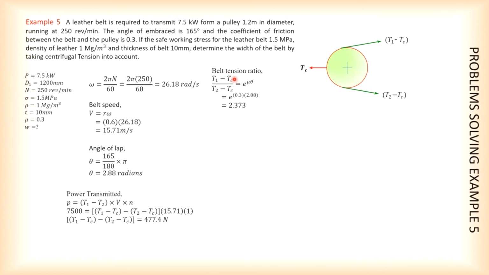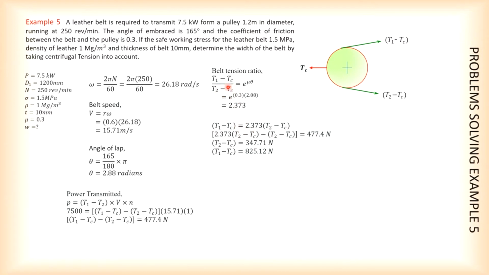Because the question doesn't state whether it is a V belt or flat belt, we consider this a flat belt by taking the ratio as e to the power mu theta, where mu is the coefficient of friction and theta is the angle of lap, which we found to be 2.88. So we got this ratio as 2.373.